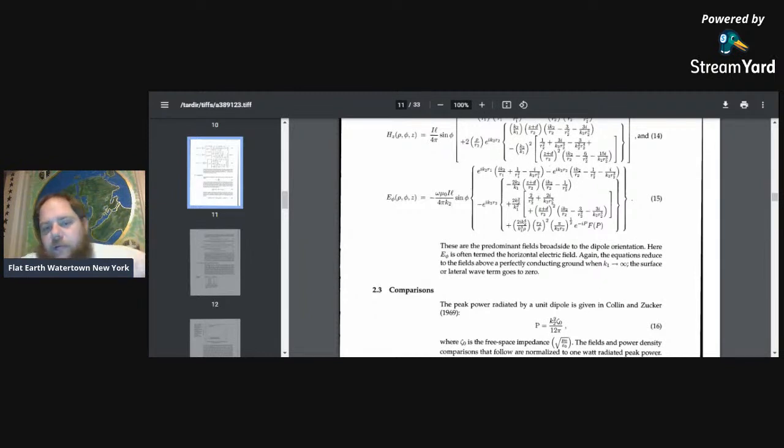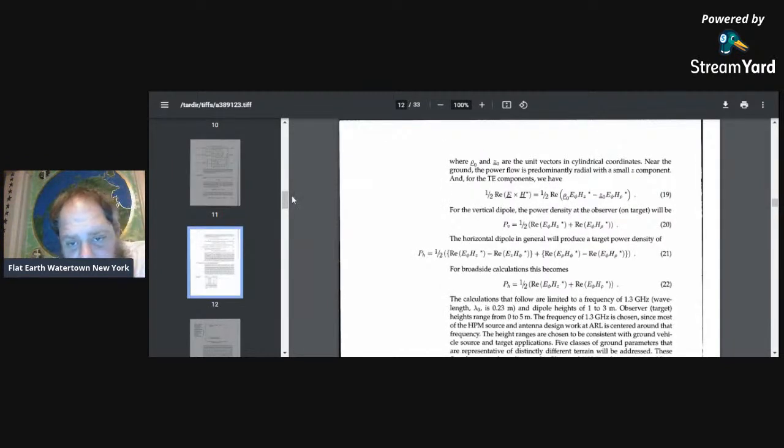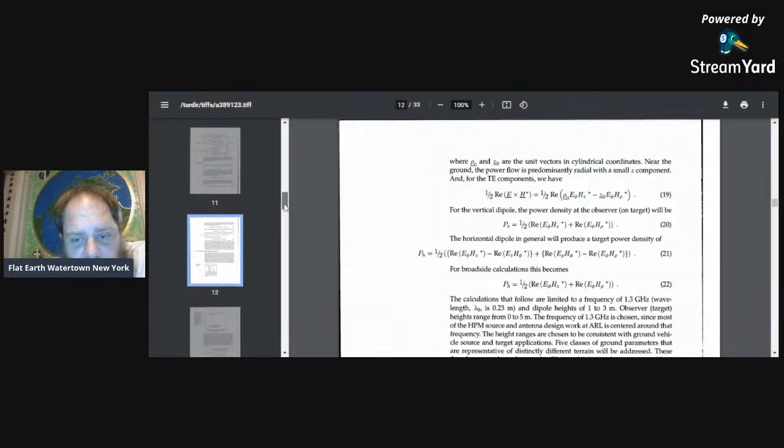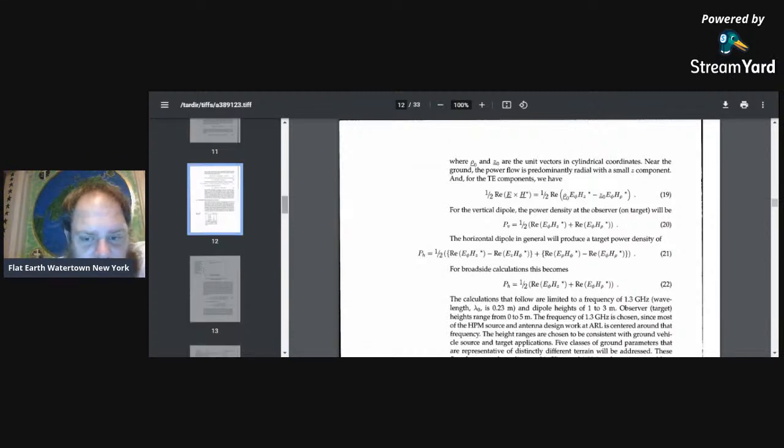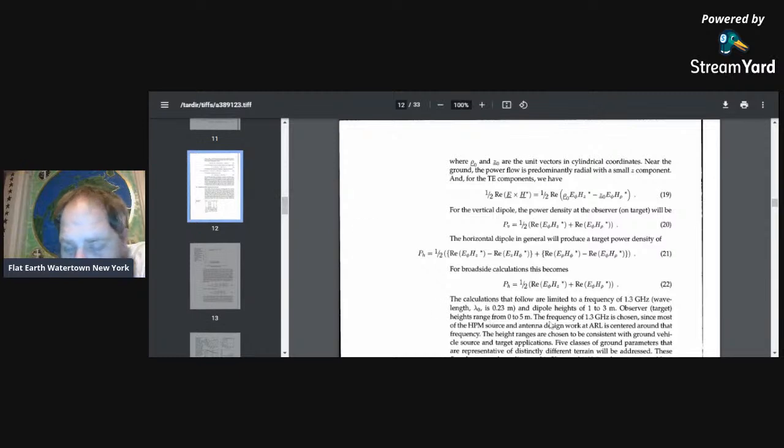I mean, that's pretty important. It clearly tells you what those formulas are. Does it say anywhere in here it's a globe spinning, flying through space? Did I miss that part in this document? No.